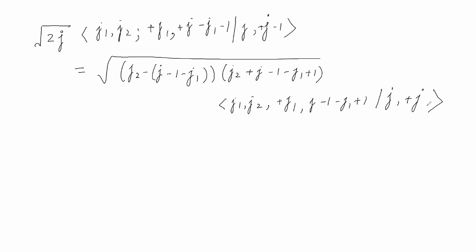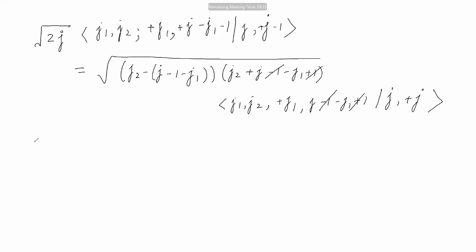And in this second term, instead of j2 minus m2, m2 we have as j minus 1 minus j1, and then similarly I have put j2 plus m2, m2 j minus 1 minus j1 plus 1, and then I have rewritten it like this. That means we notice that minus 1 plus 1 will cancel out. Here also minus 1 plus 1 will cancel out.